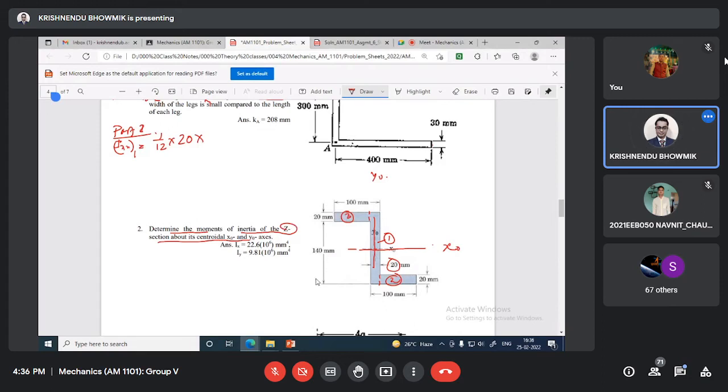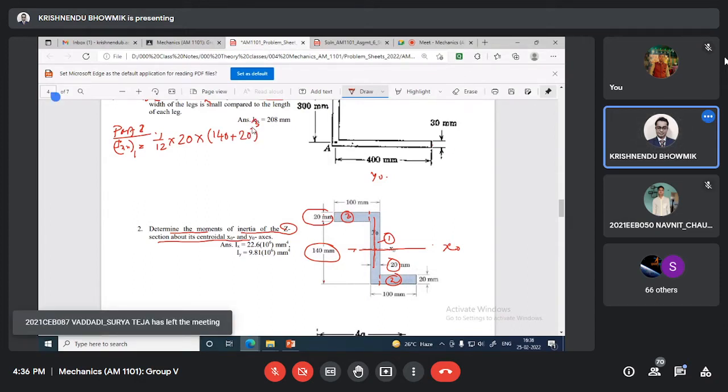Height here is 140 plus 20, sorry, 140 plus 20 cubed. You just check whether I am right or wrong. Yes, sir. You have to write in details like this.